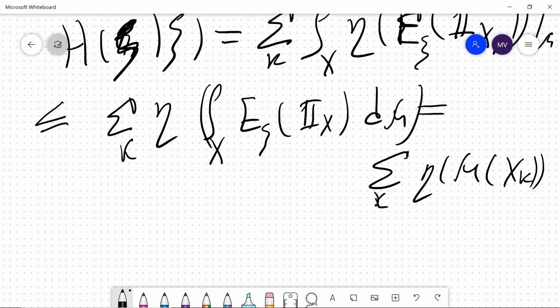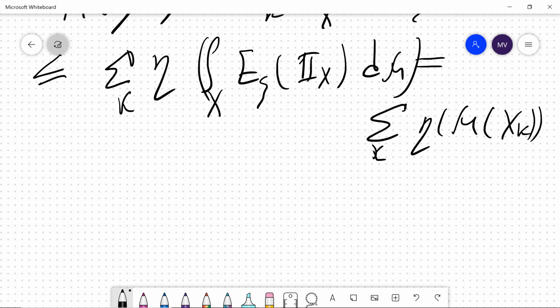And therefore we will need the following equality: that the conditional expectation is equal to the measure of xk.